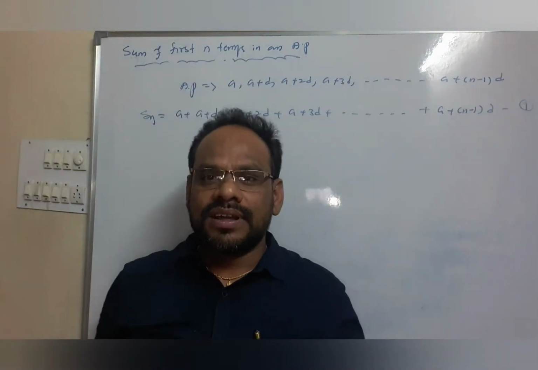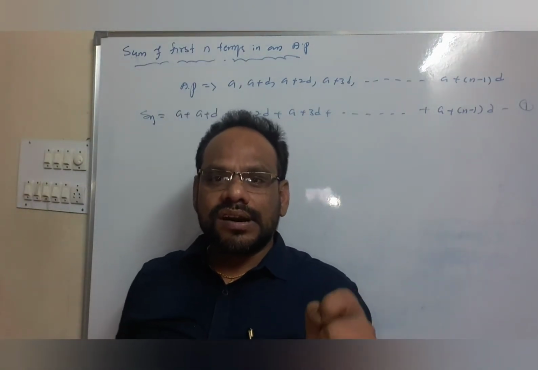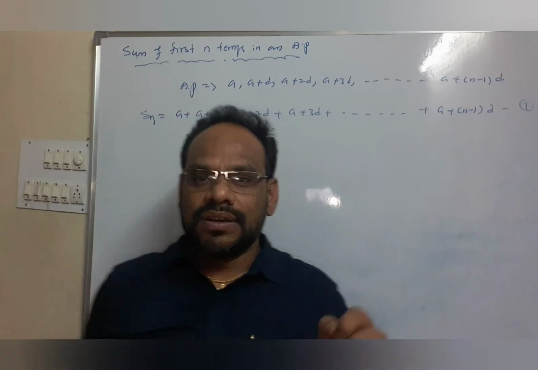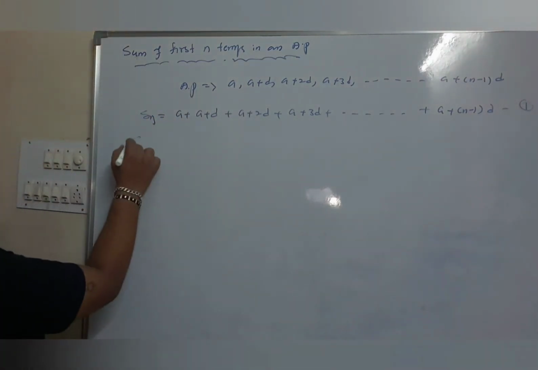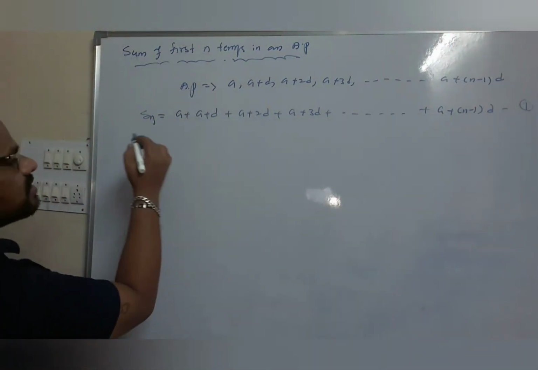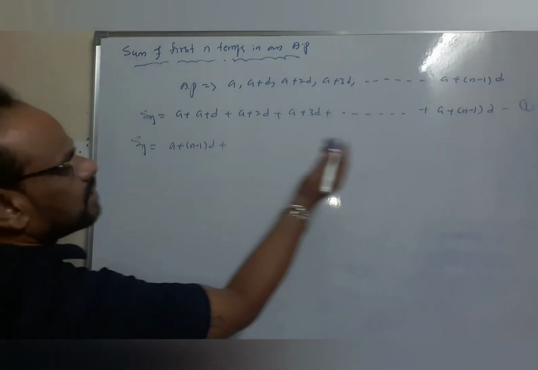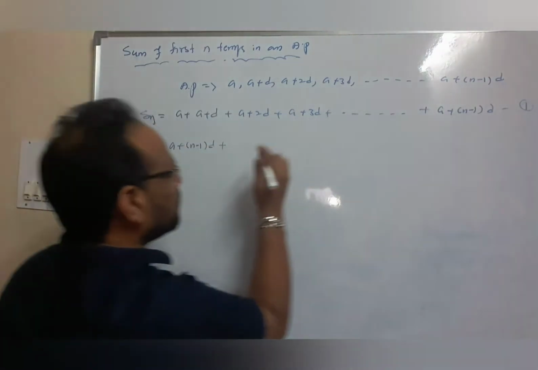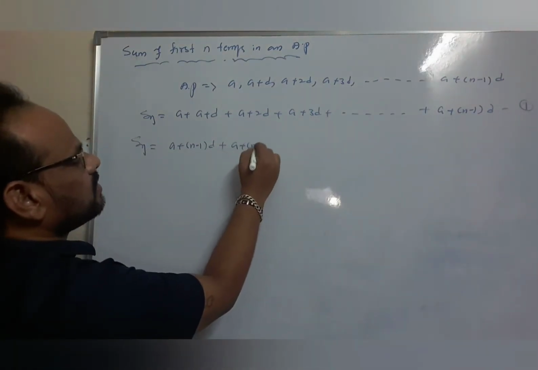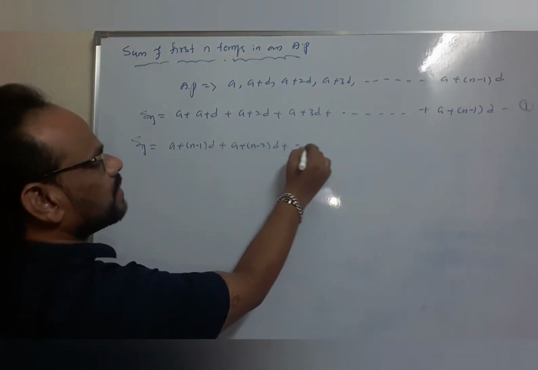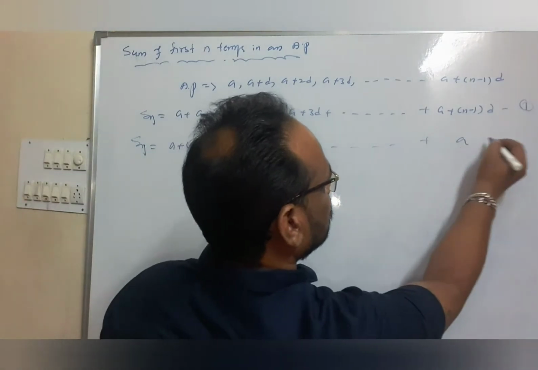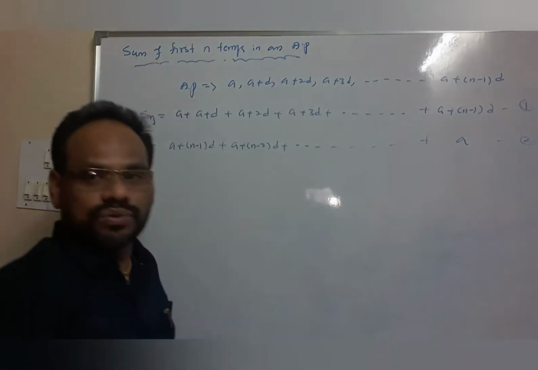We use the Carl Friedrich Gauss method: Sn is equal to, written in reverse order, A plus n minus 1 into D, plus the term before it, A plus n minus 2 into D, plus and so on, up to A. This is equation number 2.